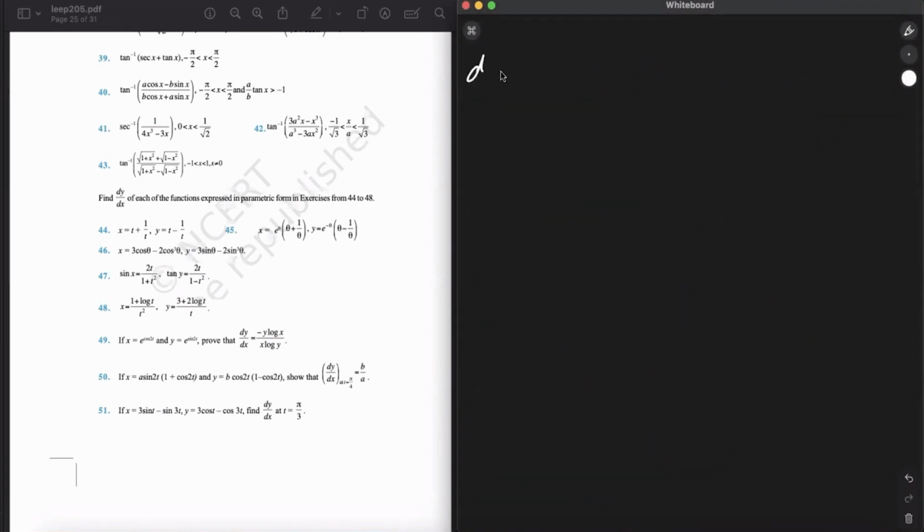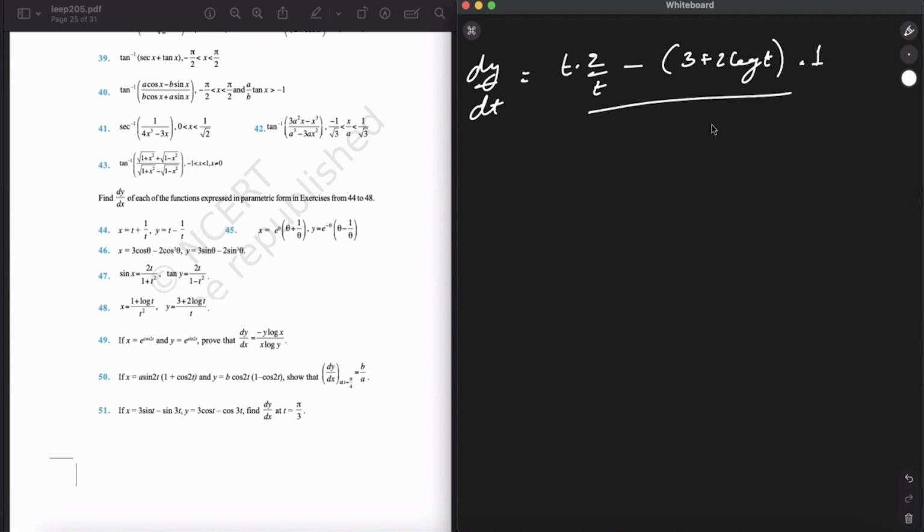Now dy by dt: it is t times the differentiation of 3 plus 2 log t, which is 2 by t, minus (3 plus 2 log t), whole divided by t square.